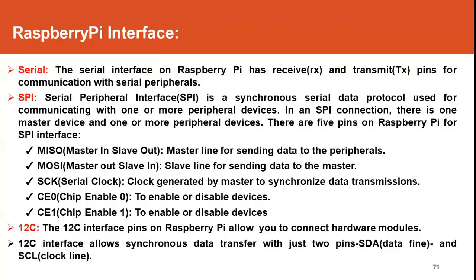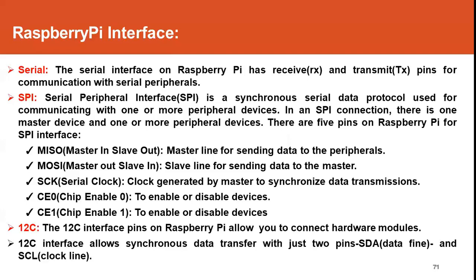Then serial clock, the SCK pin, will generate the clocks by the master to synchronize the data transmission. Then chip enable 0, which can be used to enable and disable the devices. Then another one is chip enable 1, which can also be used to enable or disable the device. So 0 means disable, 1 means enabling.